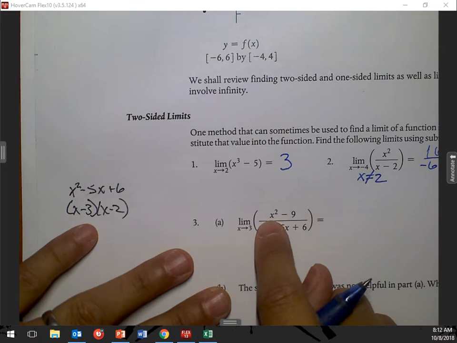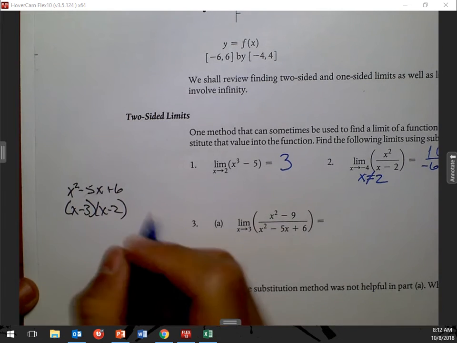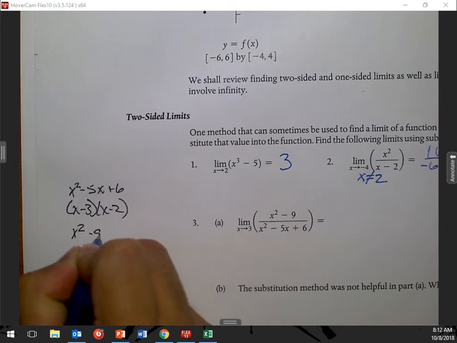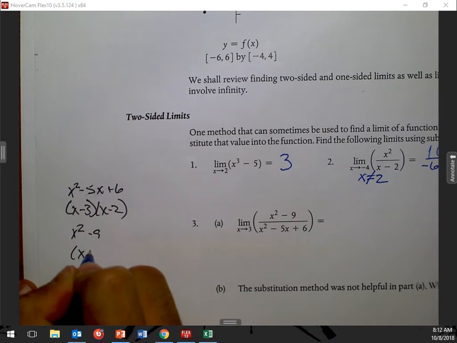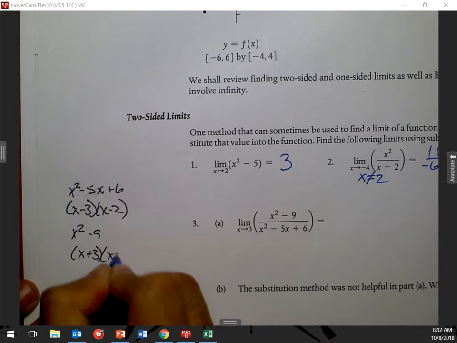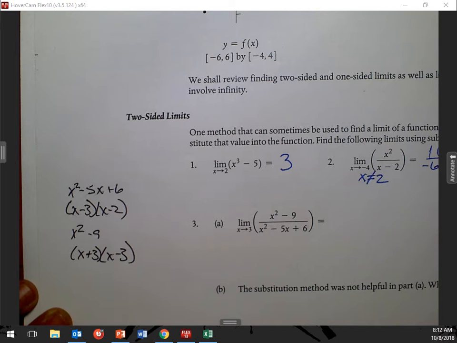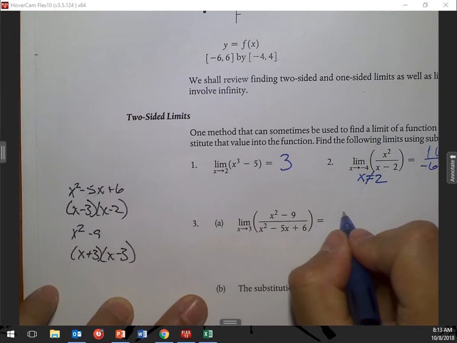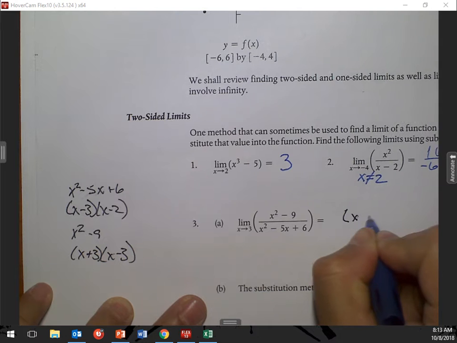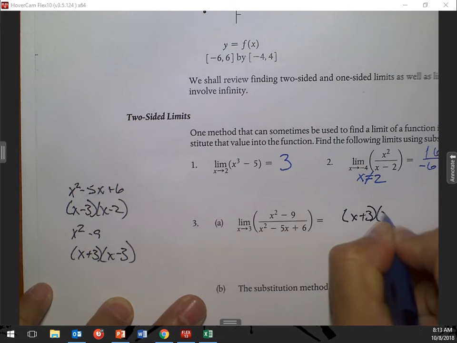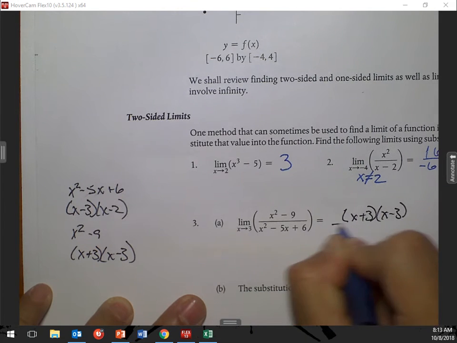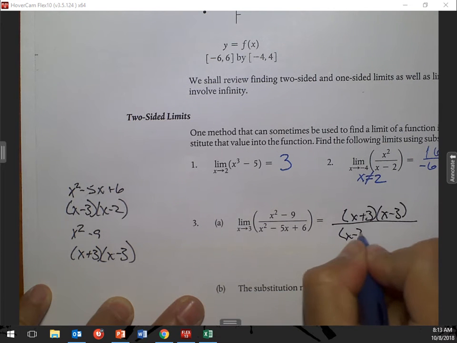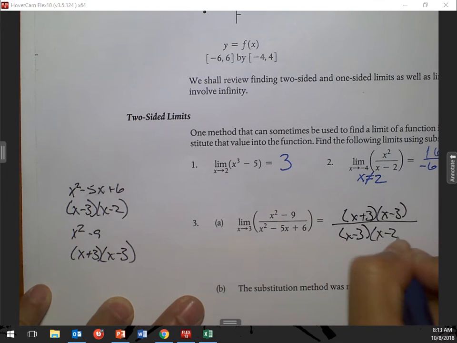My x squared minus 9 is going to factor into x plus 3, x minus 3. So now we're going to have x plus 3, x minus 3 on top, and on the bottom x minus 3, x minus 2.